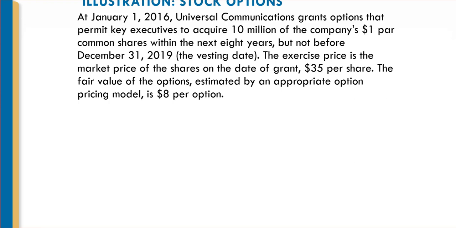Now, the exercise price is the market price of the shares on the date of the grant. Well, that's proper. That's what I was telling you. That's the proper way to do it. So it's $35. $35 is not the value of the option. The value of the option, it says here, estimated by an appropriate option pricing model is $8. 35 is the amount that they get to pay for the shares of stock, not before December 31st, 2019.